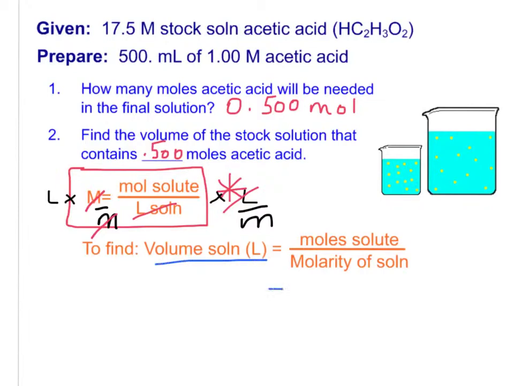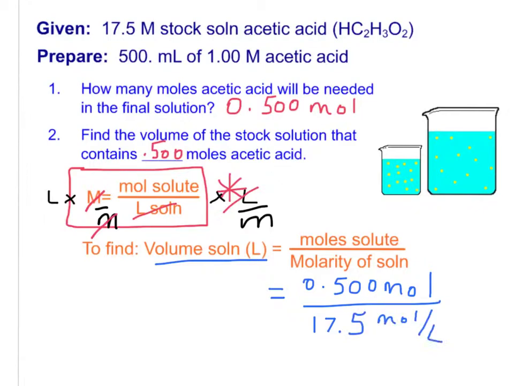So let's look at finding the volume of our solution. We're going to do that by saying our moles of solute, which we already know, 0.500 moles of the solute, divided by the molarity of the solution, which is 17.5 molar, or moles per liter. Now, when you have the liters in the denominator, it will end up being on top of the fraction.